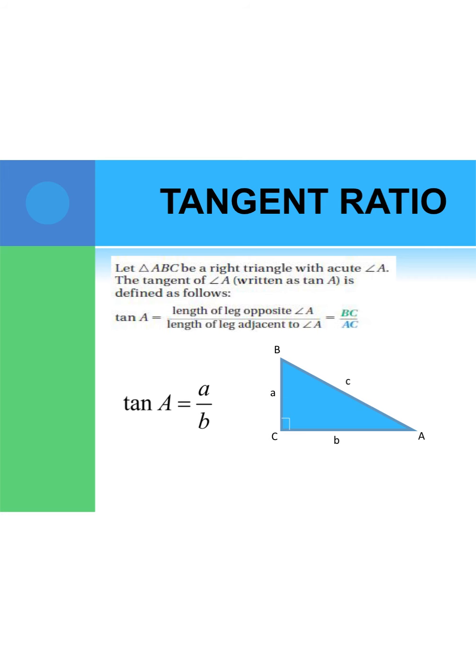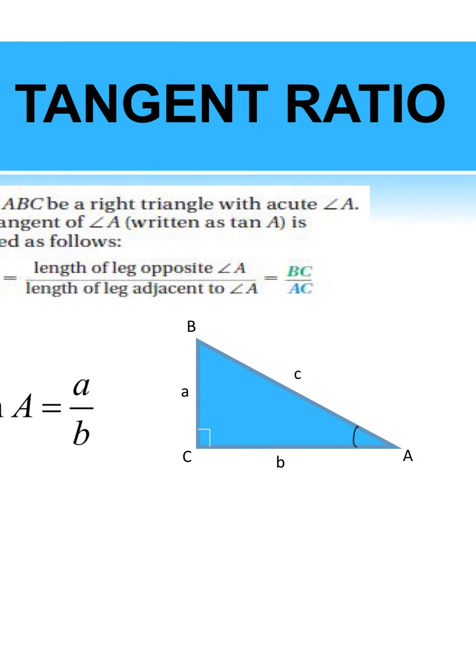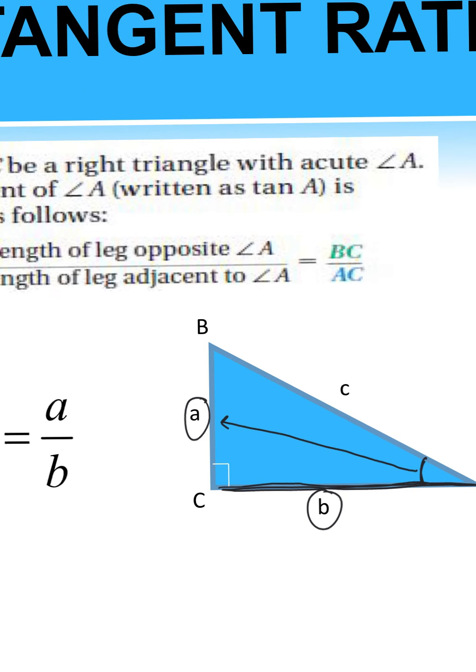So let's find angle A. The side opposite angle A, which is little a, is your numerator. That is what goes on the top of the fraction. And then the side adjacent to the angle, that is not the hypotenuse, the leg adjacent, which is B, is your denominator. Okay?